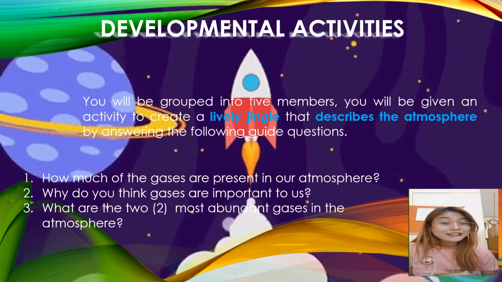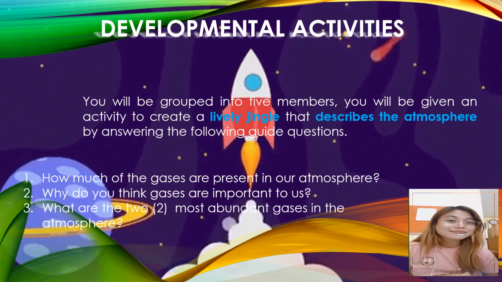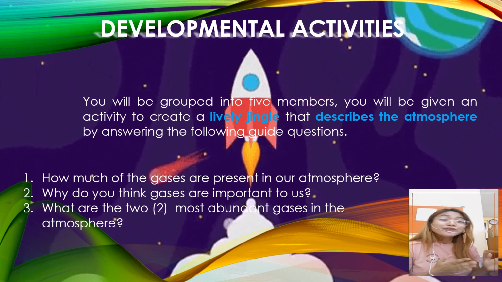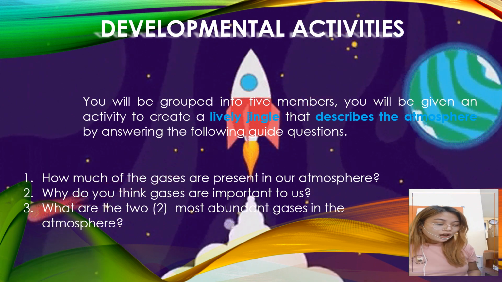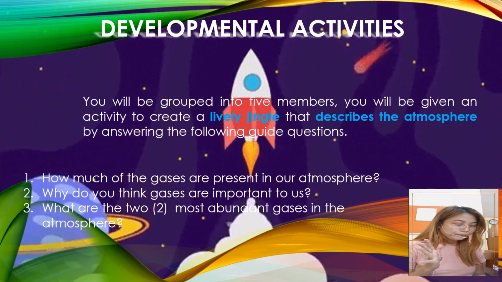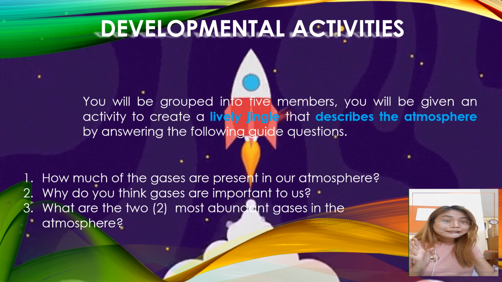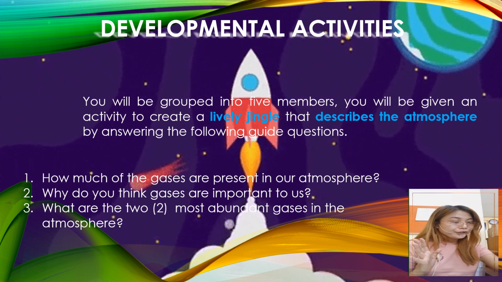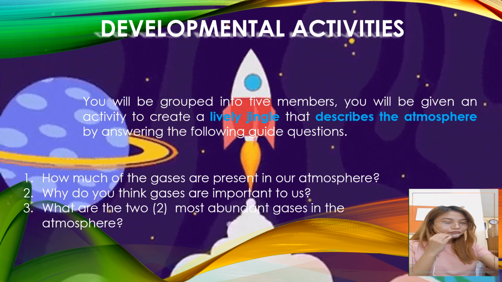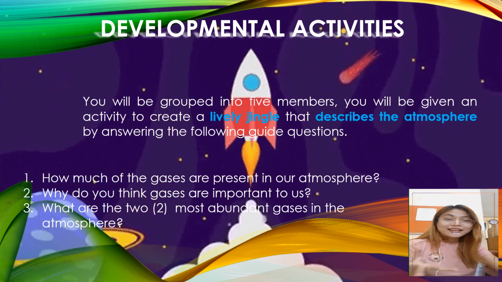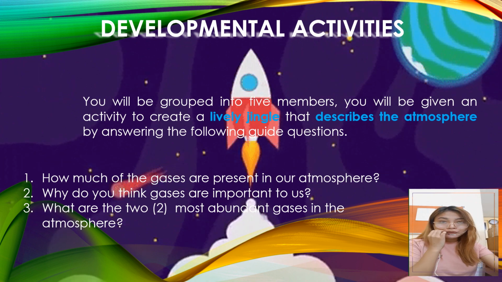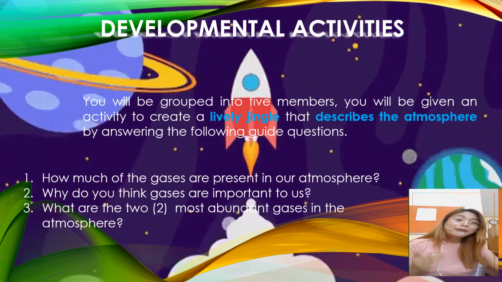So did you learn a lot today? Very good. For the development activities, you will be grouped into 5 members. You will be given an activity to create a very lively jingle that describes the atmosphere, by answering the following guide questions below.